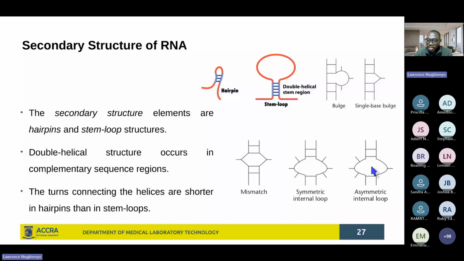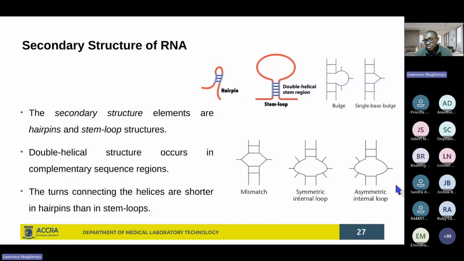And the last one you are seeing is the asymmetric internal loop. In that asymmetric internal loop, you have a number of bases on the left side, and then you have just one base on the right-hand side. So on both sides, the number of bases that are bulging out are not equal, which makes it asymmetric.